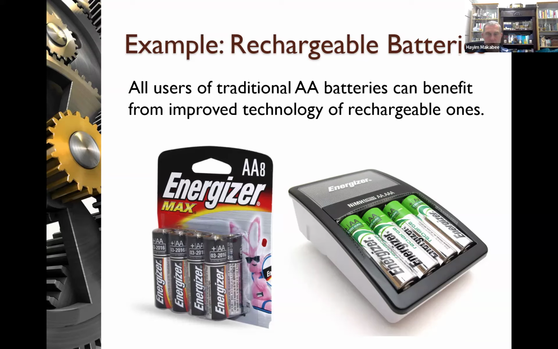And so all the toys, all the clocks, all the electric devices, we could now use rechargeable batteries because they have exactly the same shape, the same size, the same interface, right? So this is a very concrete example of evolution of a component, and this evolution of a component benefits the entire ecosystem of all the different systems that use it.